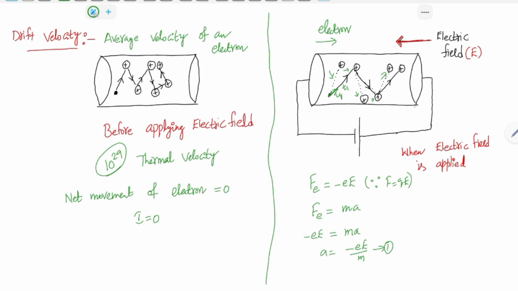Before collision with the positive ion, it has a velocity, and we consider that as the final velocity.